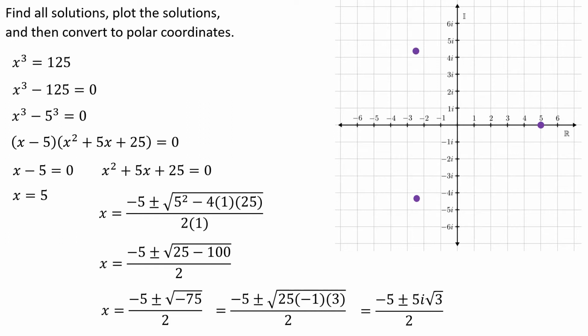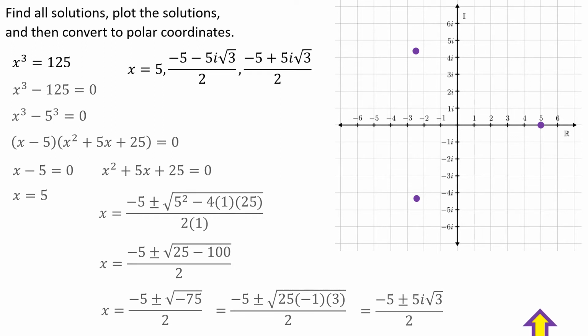Okay. That looks kind of cumbersome. Let's see what happens when we convert to polar coordinates, however. All right, there are the three solutions: 5, negative 5, minus 5i root 3 over 2, negative 5 plus 5i root 3 over 2.